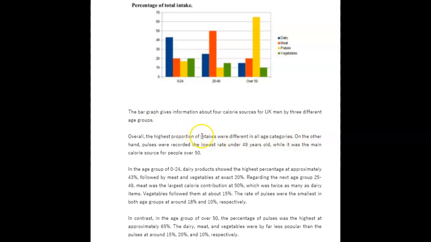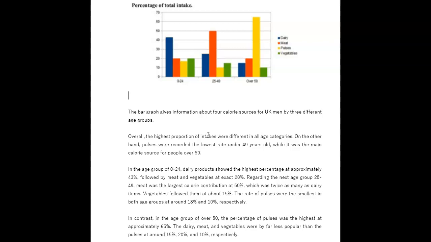First of all, this didn't really feel like the right word for me. I think what would have been more appropriate was something like, in each stage of life, a different category was responsible for the highest caloric intake. Okay, so that would have made more sense for me.